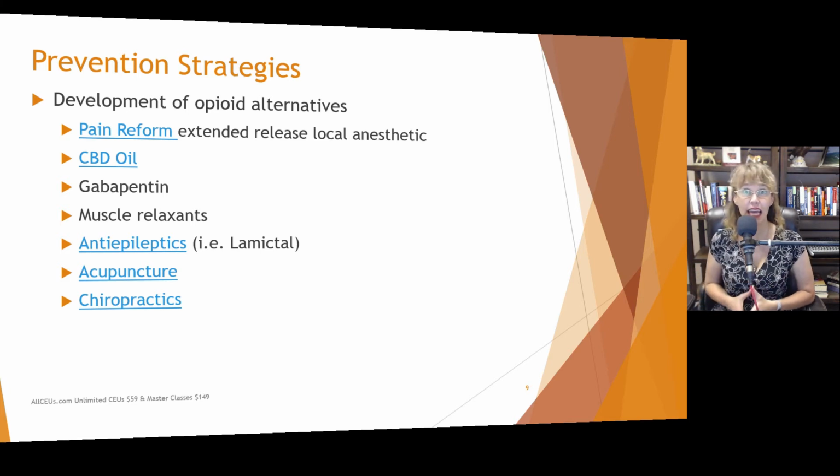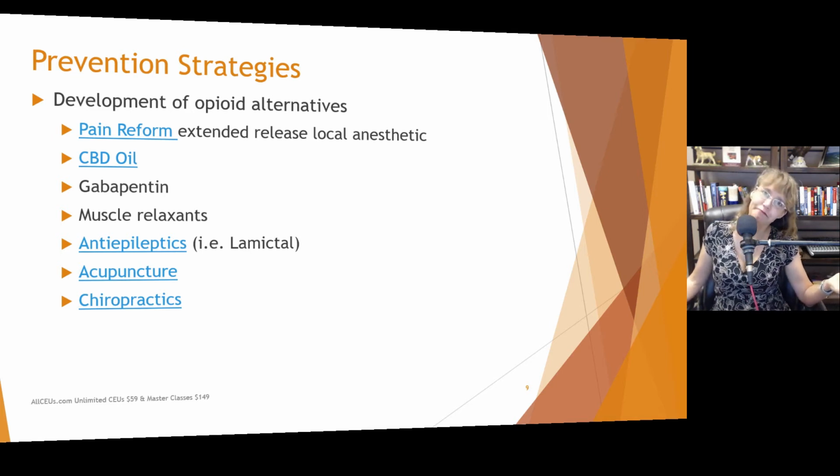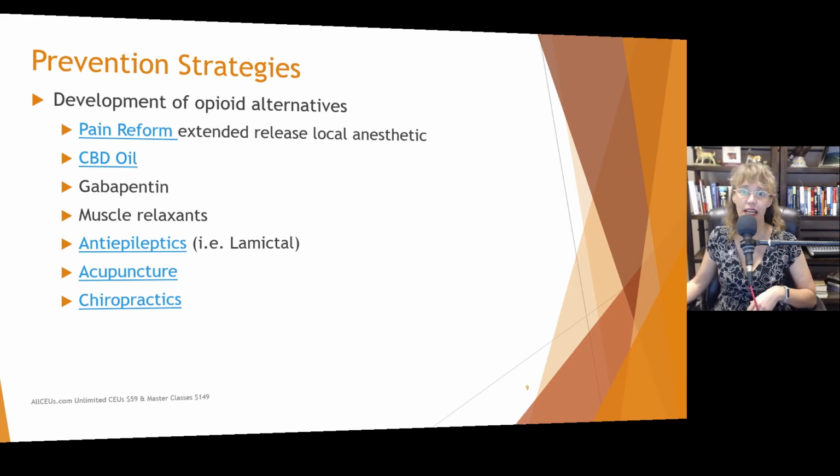Muscle relaxants can be helpful for pain. There's been some research for people who've used muscle relaxants for things like chronic stress headaches. They don't seem to really do a lot for migraines, but that's an option that's out there. Can they be abused? Well, yeah, I think just about anything can be abused, but they're a much lower abuse potential than opioids.